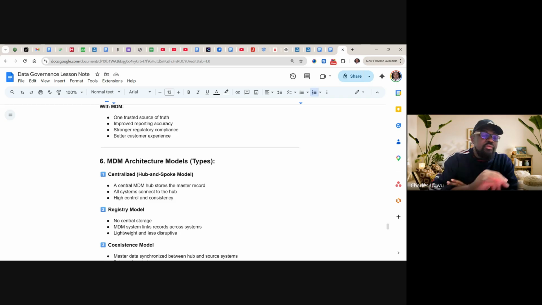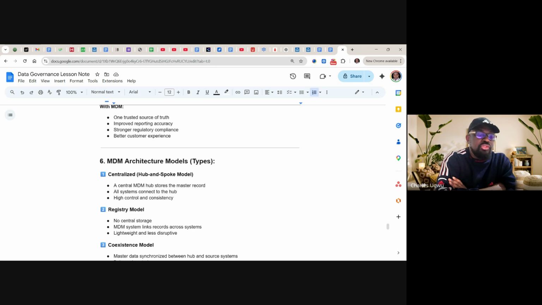We have different types of master data architecture model. We have a centralized model, a system where we have a central master data hub that stores the core master record.